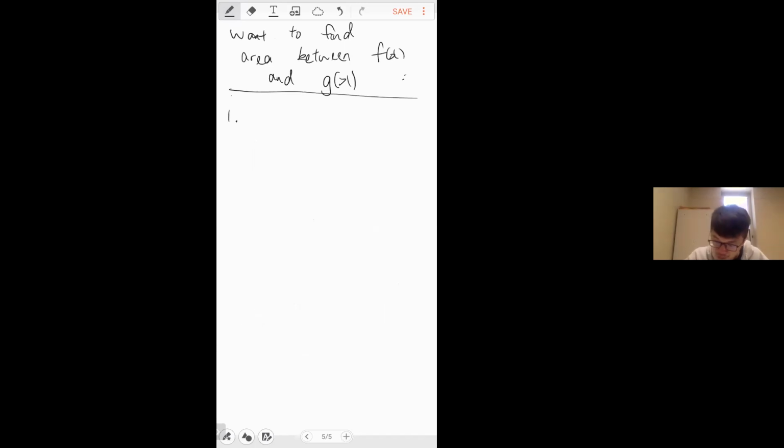The first scenario is when f of x is always bigger than g of x. In which case you have something like this.